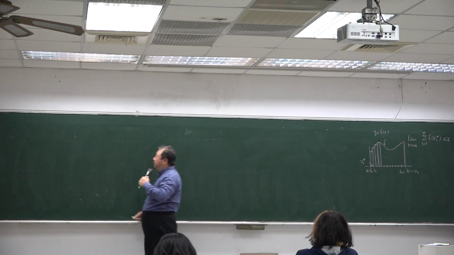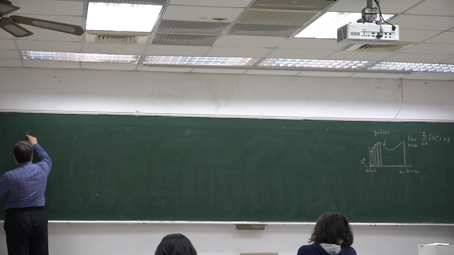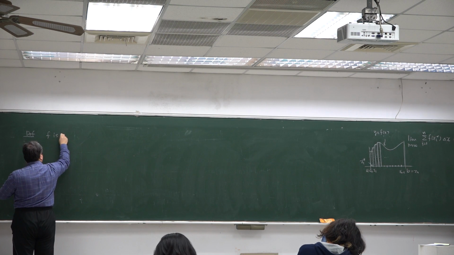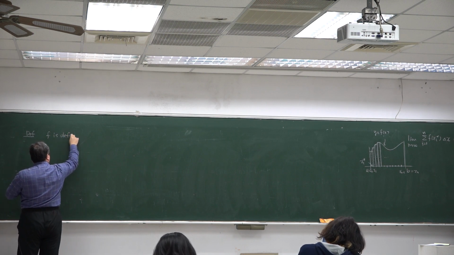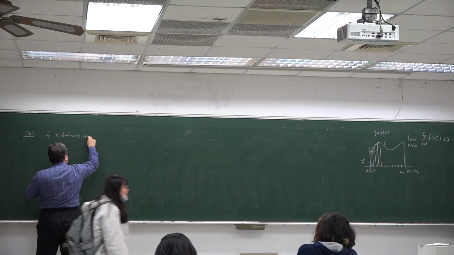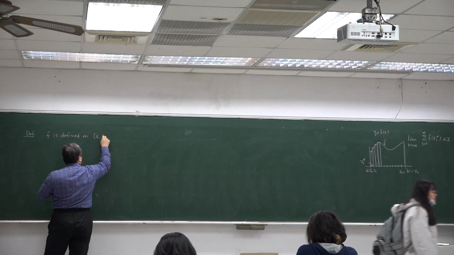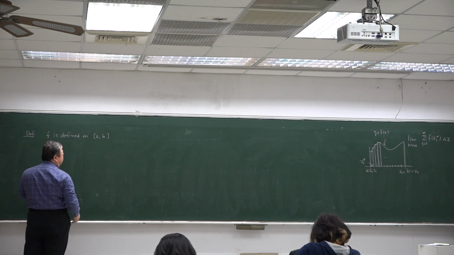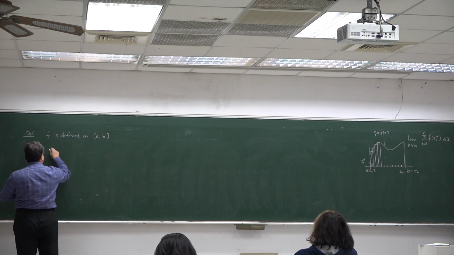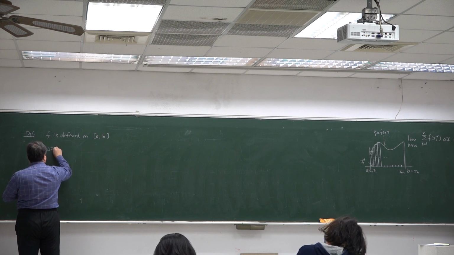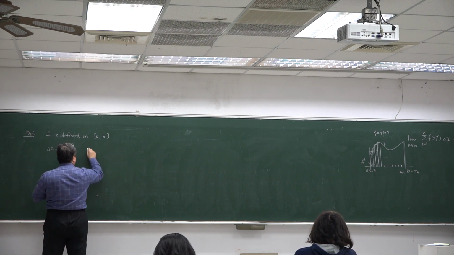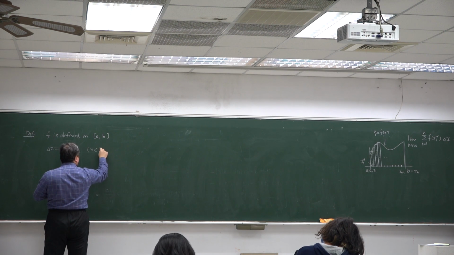Suppose f is defined on a bounded closed interval [a, b]. Then we partition this interval into n equal subintervals by considering delta x, defined to be (b minus a) over n, where n is a positive integer.